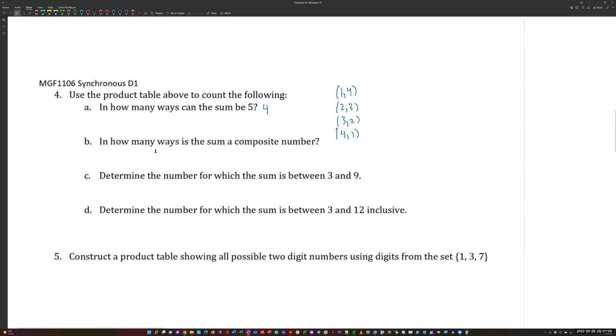So in how many ways is the sum a composite number? Composite just really means not prime.